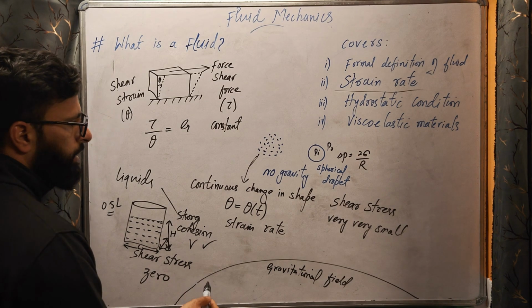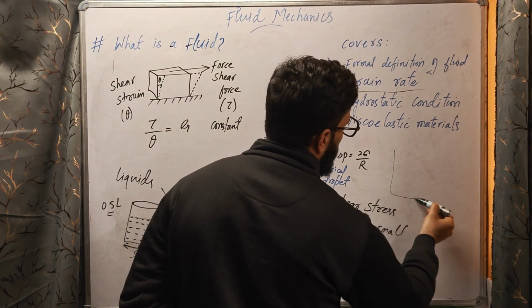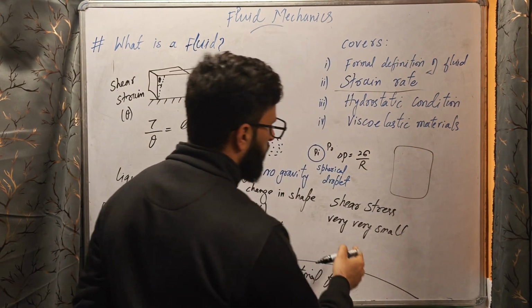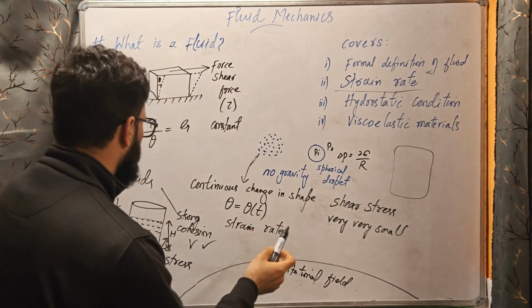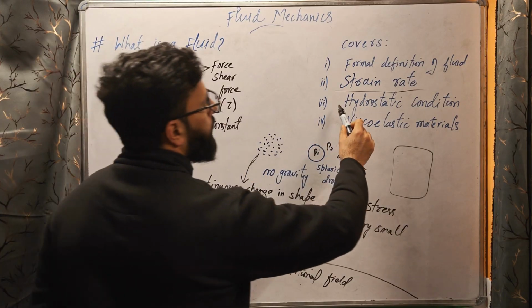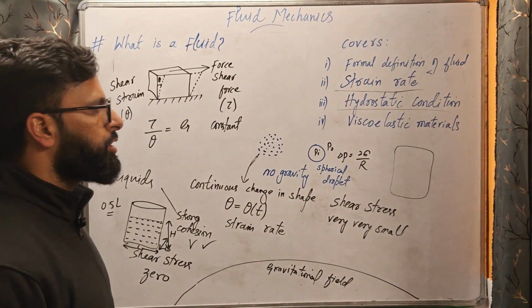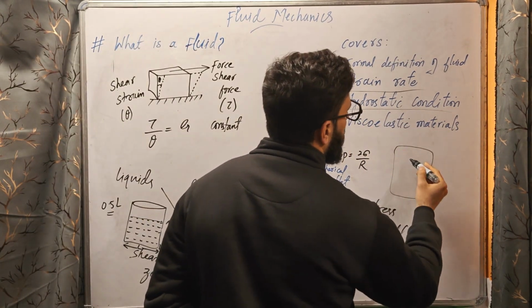But this is not the case in case of gases. If we have to make shear stress zero or go away in case of gases, so that we can have hydrostatic condition in case of gases, we have to have closed container.